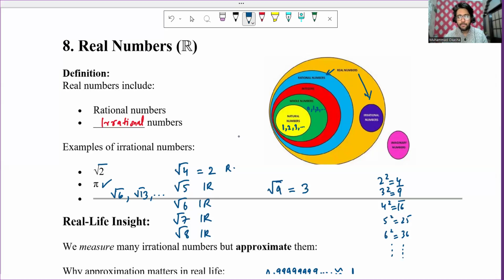Integers would be 0, plus minus 1, plus minus 2, and so on. The rational numbers would be 3 over 4, etc. And of course, an irrational number would be square root 2, something like that. Pi is a classic example of an irrational number. Do not forget that.